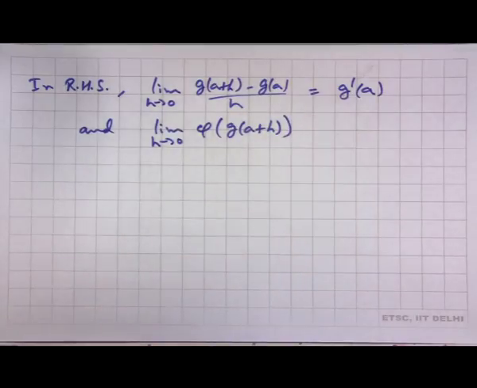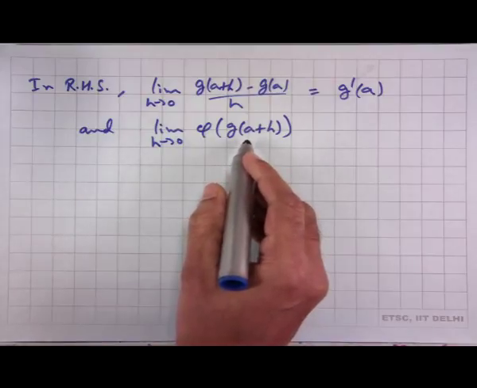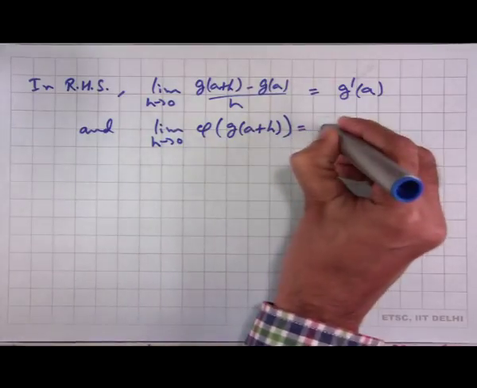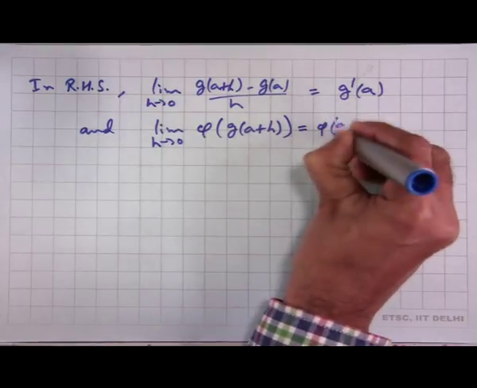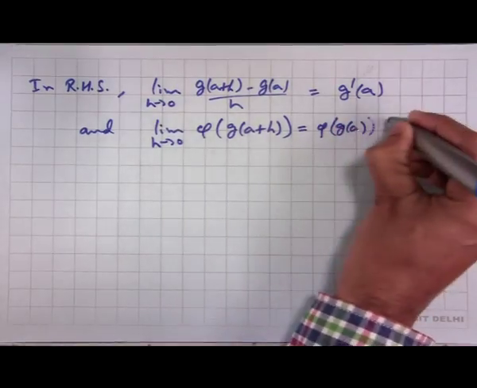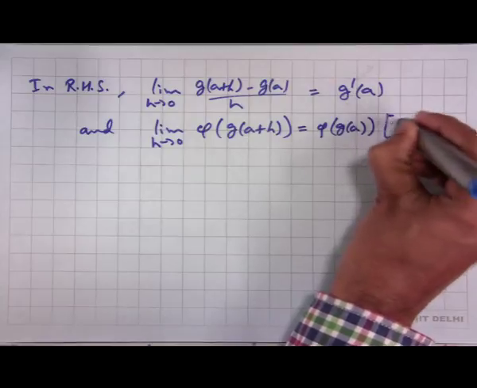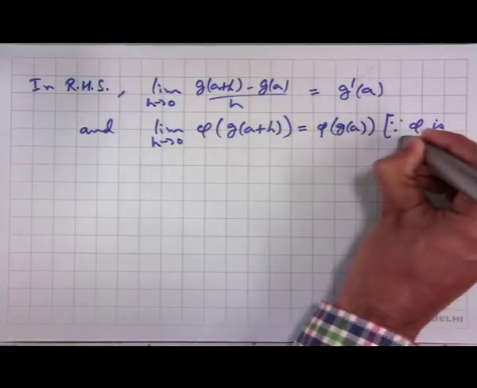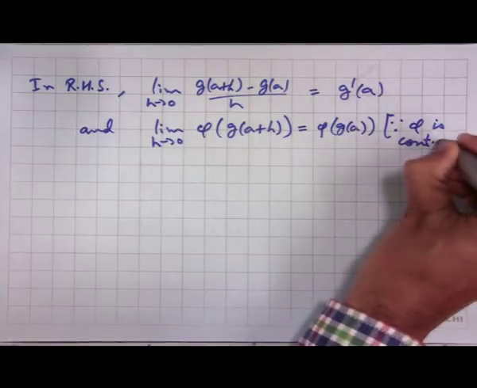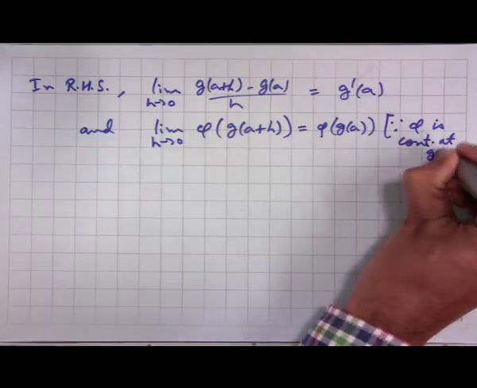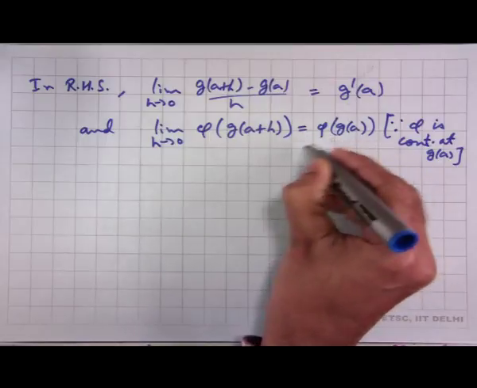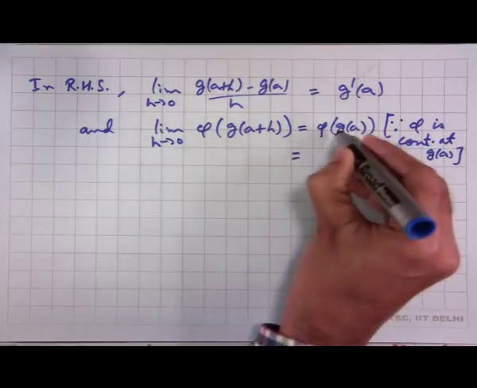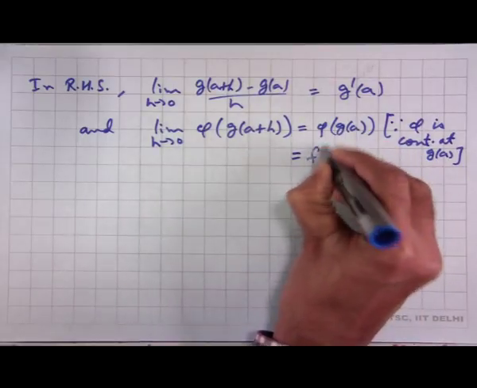But what we have seen is that phi is continuous at g(a). So, this is equal to phi of g(a), since phi is continuous at g(a). But what is phi of g(a)? By definition of the function phi, this is equal to f prime of g(a).